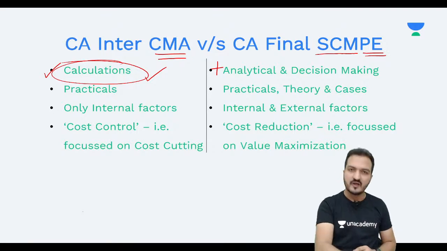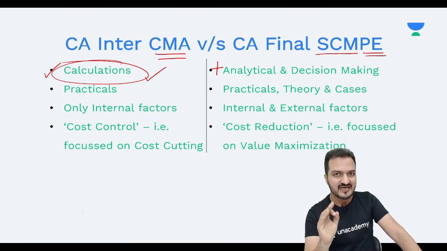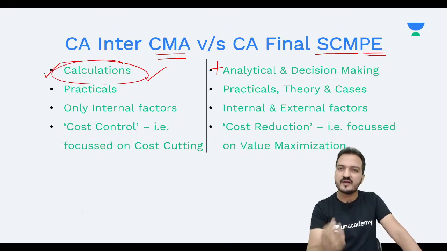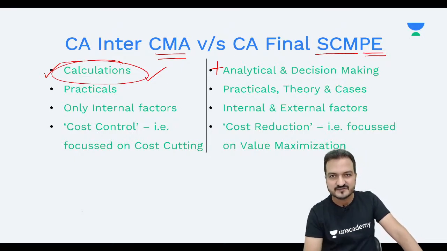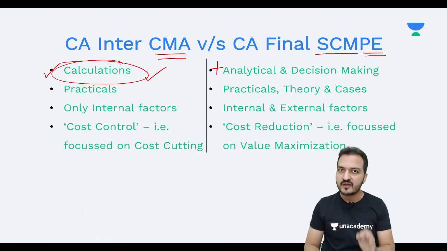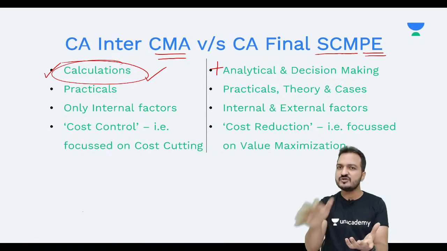I'll give you an example. You told me about marginal costing. At intermediate level, under the marginal costing chapter, they would ask you to calculate break-even point. But now at final level, it is not just calculating break-even point. You will have to analyze your answer and take some decision accordingly.